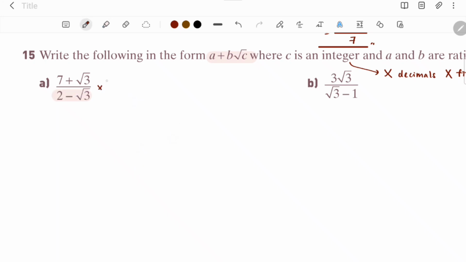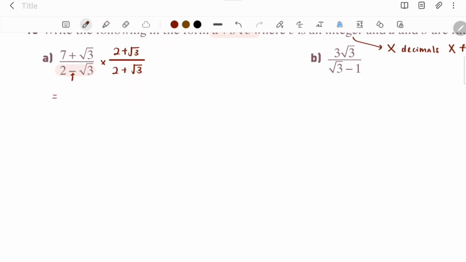So we have to multiply it with 2 plus, the opposite sign, surd 3. Up there also the same, 2 plus surd 3. So 7 plus surd 3 bracket 2 plus surd 3. Down here, 2 minus surd 3, 2 plus surd 3.